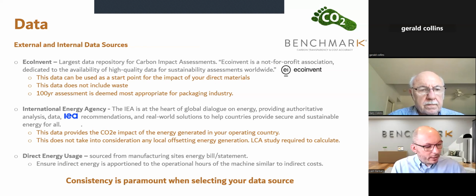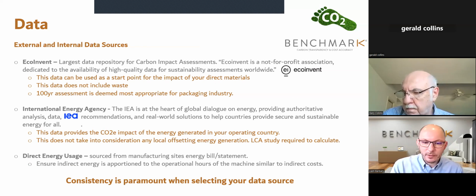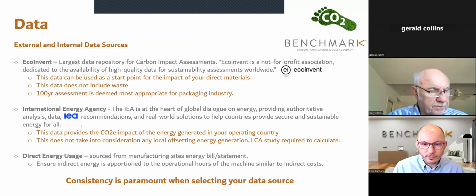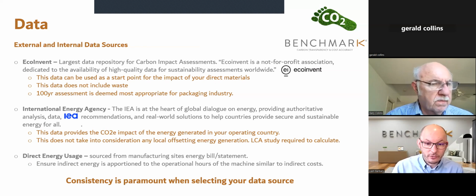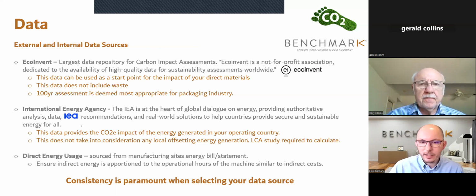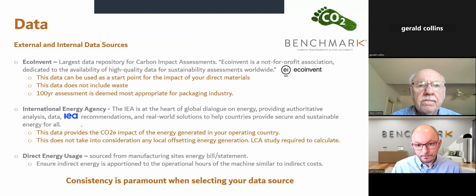The key here, and the absolute key with carbon footprint modeling, is consistency of data. Don't use the 35-year assessment in some elements of your assessment and then use the 100-year assessment for others. If you're using 100 years, use 100 years. Don't go to EcoInvent for some of your data and then maybe GaBi or SimaPro or one of these other data sources for another.